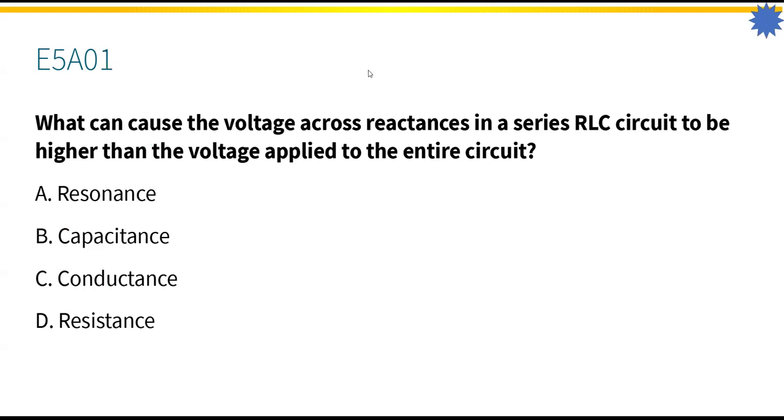What can cause the voltage across the reactances in a series RLC circuit to be higher than the voltage applied to the entire circuit? Alpha.